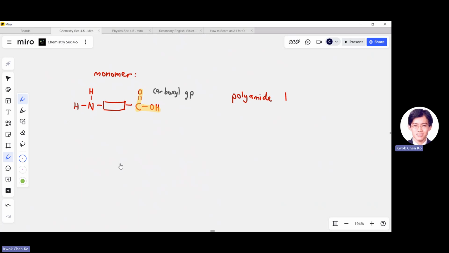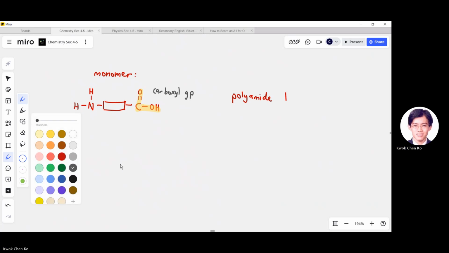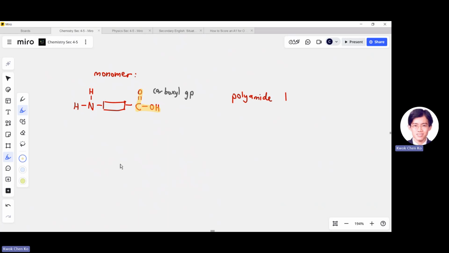But on the other side, there's something new. It's not exactly in your syllabus, except in this last part on polymers. Okay, what is this? This is called an amino group.